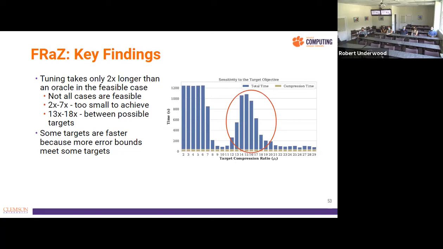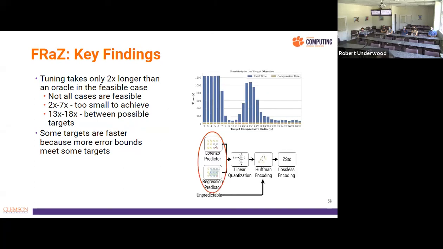Additionally, we can end up with regions between feasible compression ratios, such as the region that I've circled here. So why does that happen? That happens because oftentimes as we search between different predictors in a compressor, such as with SZ, we have the Lorenzo predictor and the regression predictor.